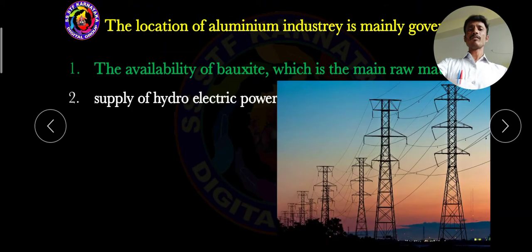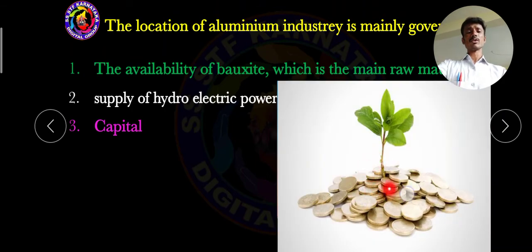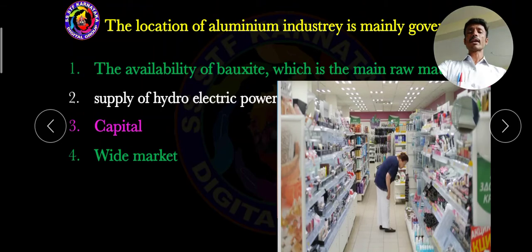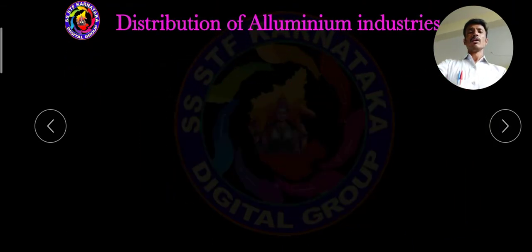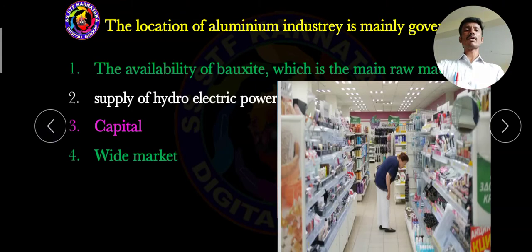Then a supply of hydroelectric power, capital, meaning investment of money, and a wide market, meaning marketing facilities for aluminium. Got it? These are the essential factors for locating the industry: bauxite, hydroelectric power, capital and wide market.